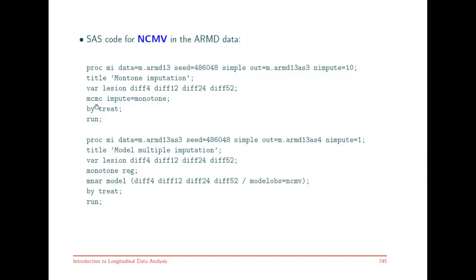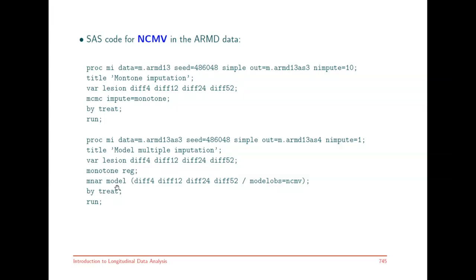And you see the first time I use MCMC impute equals monotone. So that says, wait a minute, do not impute after dropout. That's what it says. And the second time I use the monotone statement. The first time the monotone option, the impute option actually in the MCMC statement. Now the monotone statement says, okay, the input data sets are monotone.